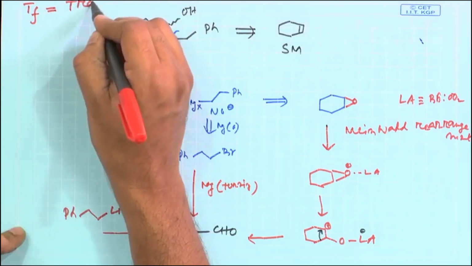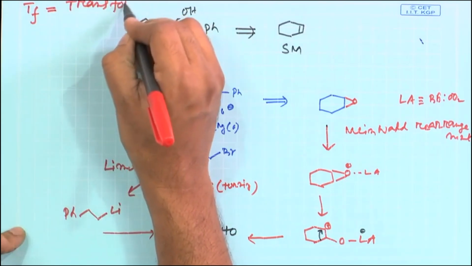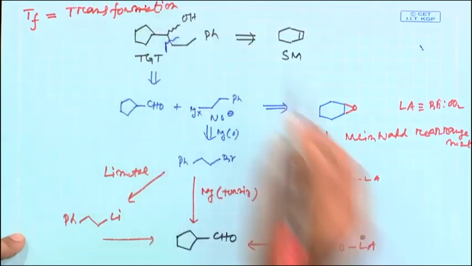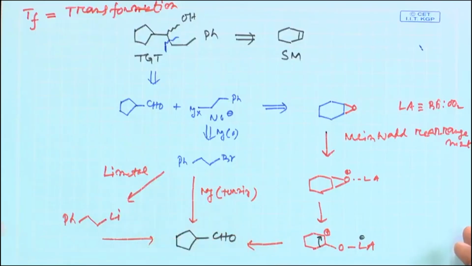The main transformation we have talked about here is the Meinwald rearrangement. The Meinwald rearrangement is a synthetically very useful reaction when you have an epoxide and you treat it with a Lewis acid. Here we have taken a symmetrical epoxide. There are examples where you can take unsymmetrical epoxides, and based on the initial carbocation formed, the rearrangement will also take place, depending on the more stable carbocation generated.